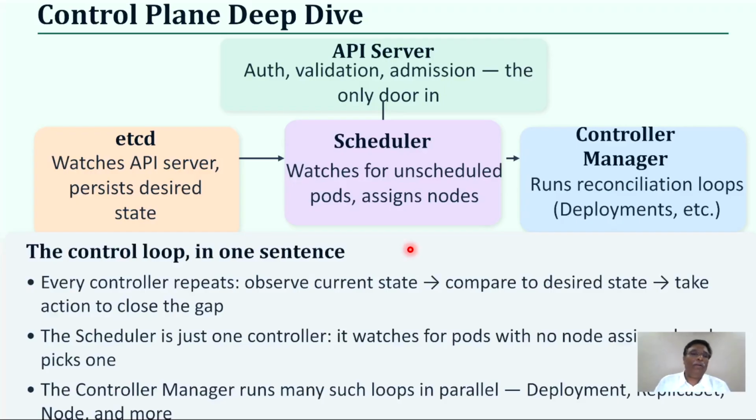And the controller manager runs many such loops in parallel. It will talk about deployment, replica set, nodes, and more. So let us try to understand that there is a controller manager, there is a scheduler, and there is a watcher which watches the server as to who is entering, who is not entering. So something of that sort.